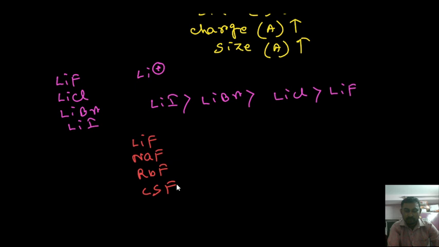In the group from lithium to cesium, the size increases. With the increase in the size of the cation, phi decreases, so the covalency decreases. So the maximum covalency will be for lithium fluoride. Lithium fluoride is the most covalent, then NaF, then RbF, then CsF. So that is the general trend for covalency-related questions.